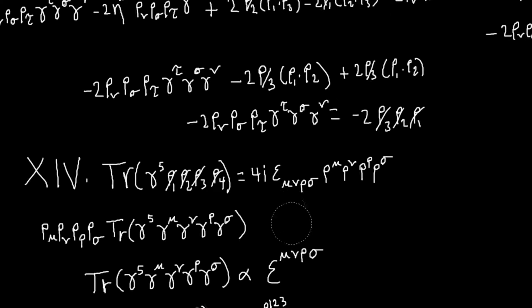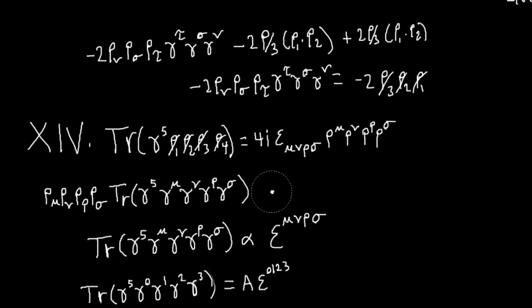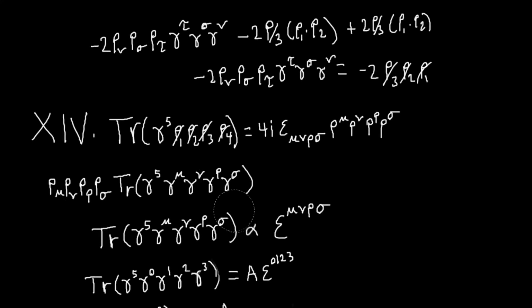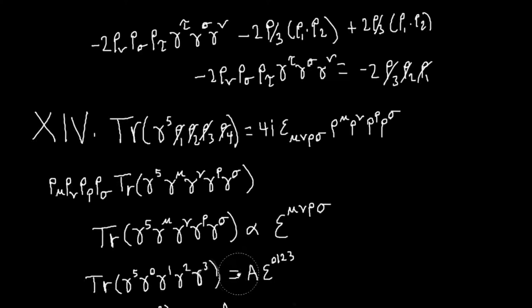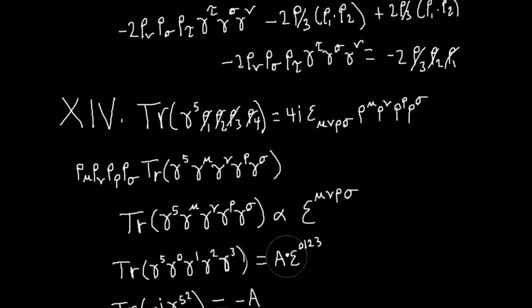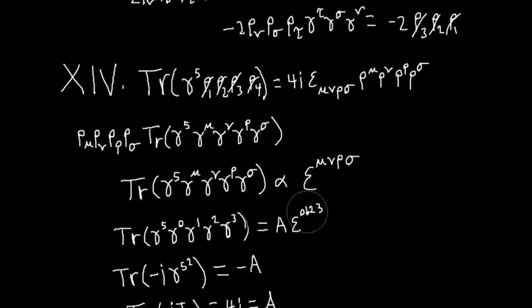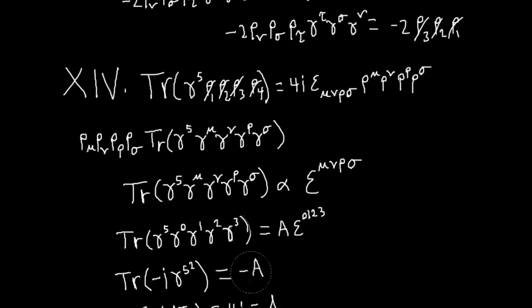And it's just a matter of finding the constant of proportionality, which we can do by evaluating a specific case. So if we take mu nu rho sigma to be 0, 1, 2, and 3, we get this equation. I've written the proportionality constant as A. As it turns out, epsilon 0123 is minus 1. And gamma 5 is i times gamma 0, gamma 1, gamma 2, gamma 3.